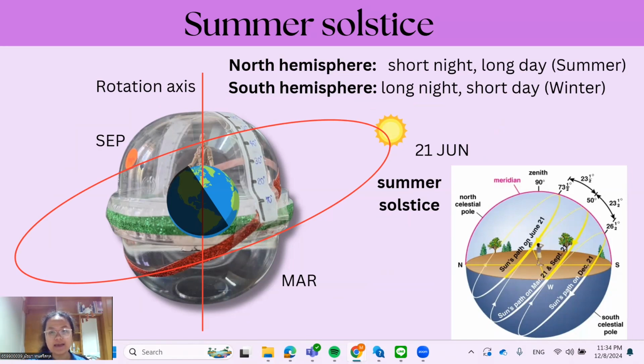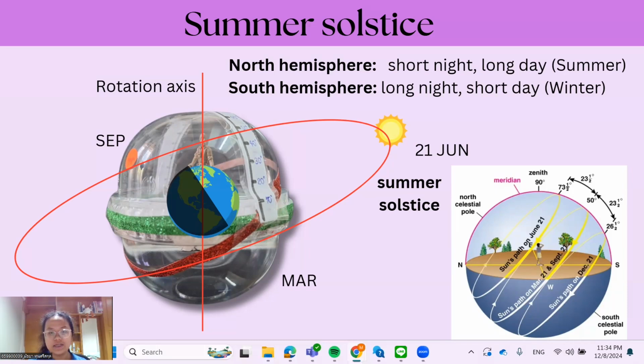day than night. Then the land absorbs more heat, which results in the season called summer, which contradicts the southern hemisphere. The southern hemisphere has a short day and long night, which results in the season called winter.